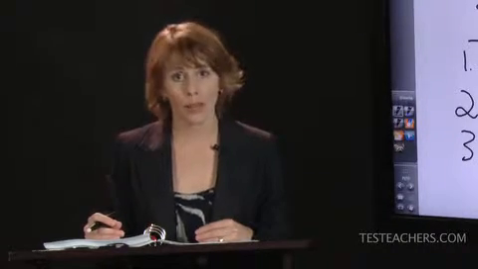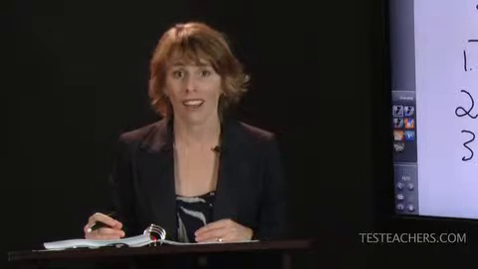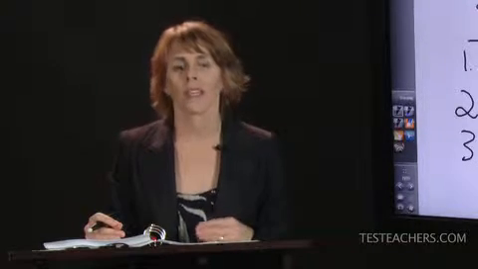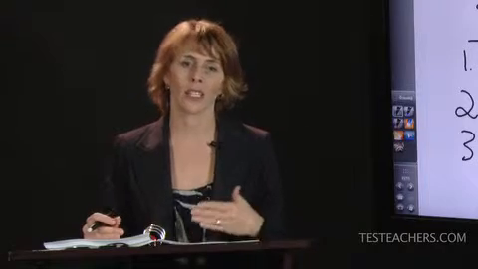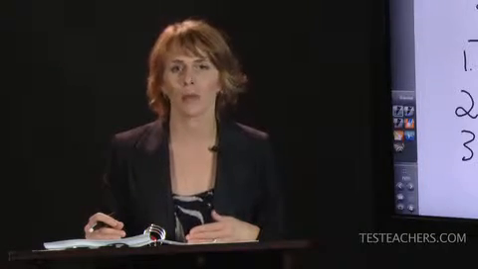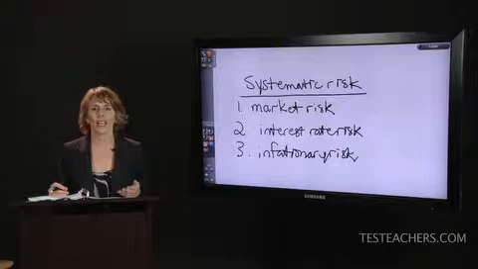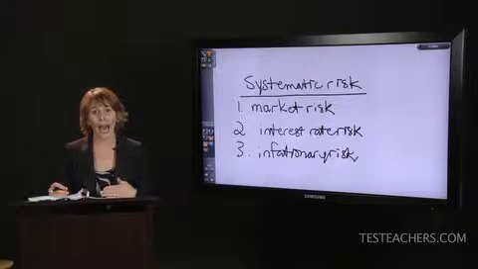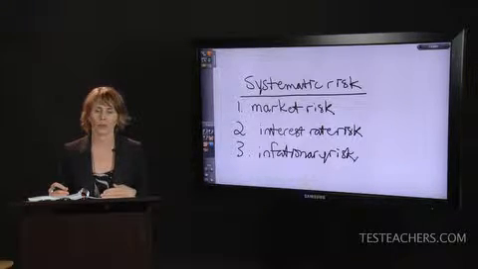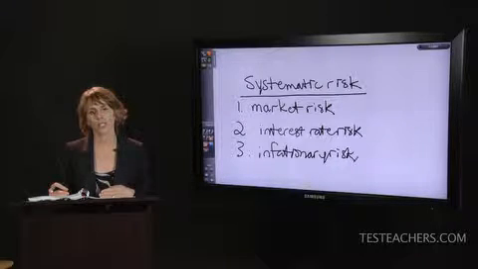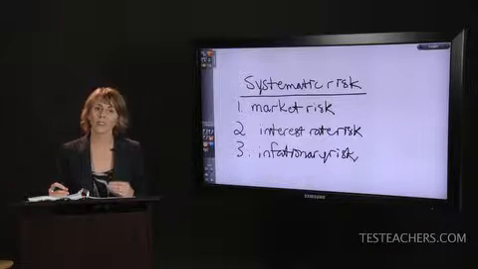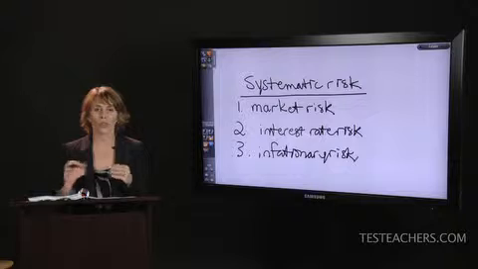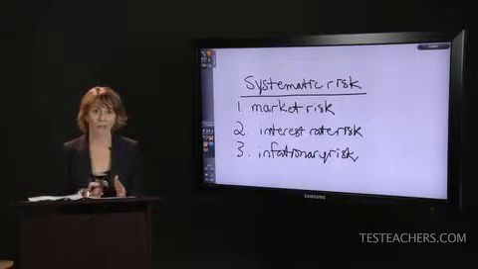If your client's worried about that, then they should buy common stock or a variable annuity. So, a hedge against inflation. Historically, the stock market has at least kept pace with inflation. You can't guarantee that it will into the future, but in the past, at least, it has kept pace with inflation. So fixed income securities have inflationary risk. But once again, inflationary risk is within the categories unsystematic or systematic.